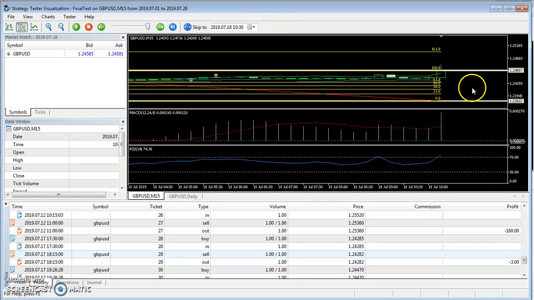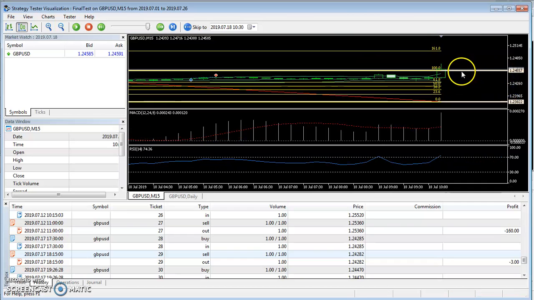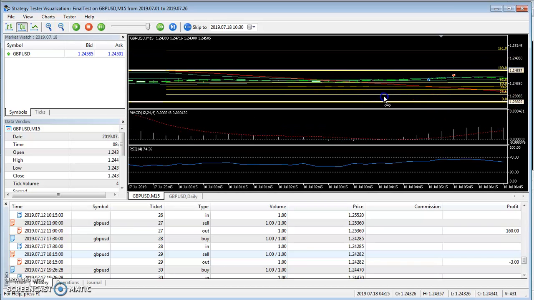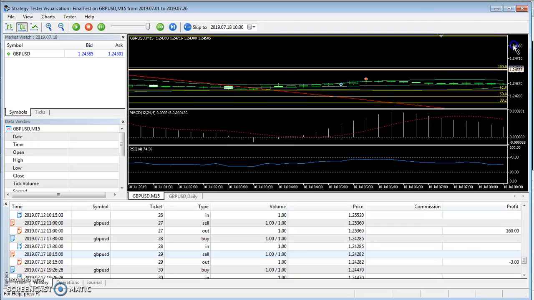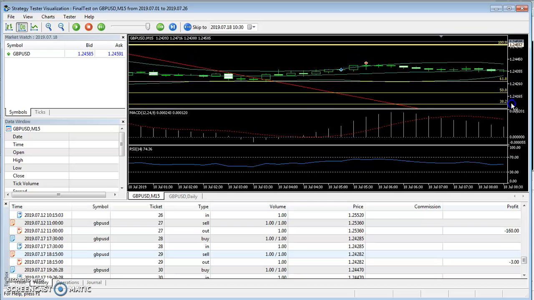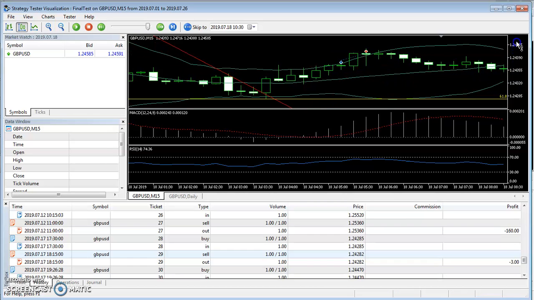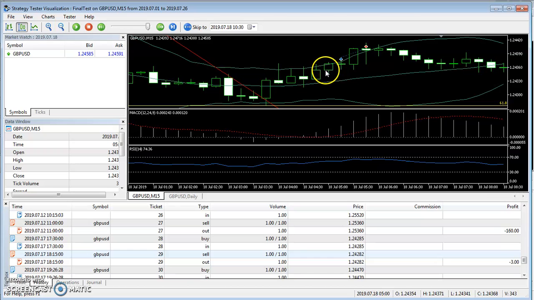So moving on to our next example, we can see here we're in July 18th now. You see the new set of resistance line, support line, and our Fibonacci lines within. And if we take a look at this trade here, you can see that this candlestick broke through just a bit on the upper band.